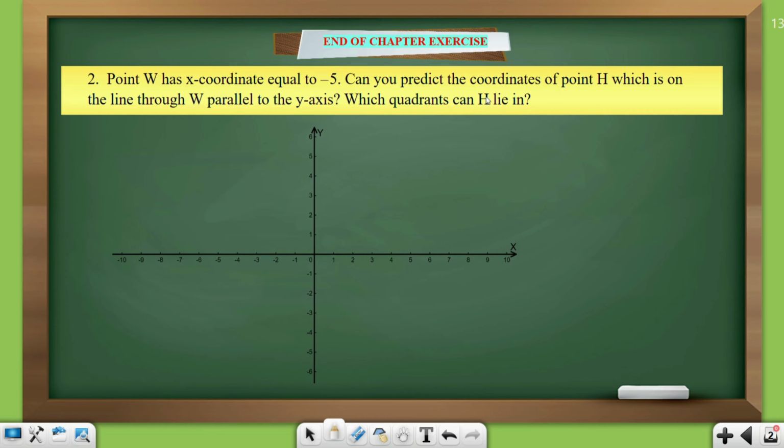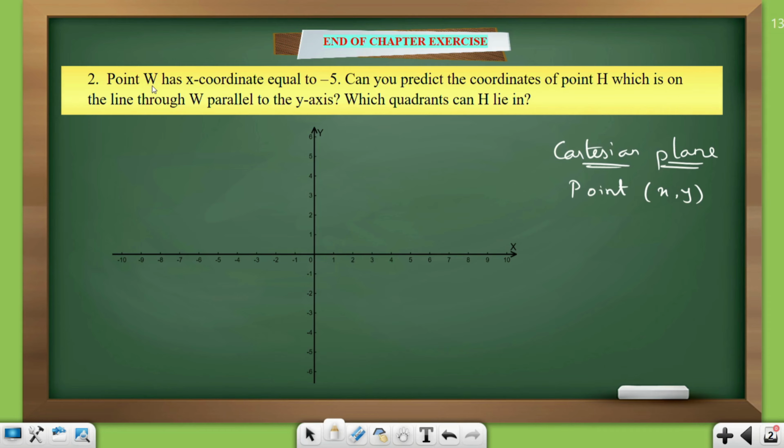Which quadrant can H lie in? Basically, all the points in the Cartesian plane must be of the form x comma y, where x means x coordinate and y means y coordinate. Based on this x comma y value, we can plot it in the corresponding quadrant.